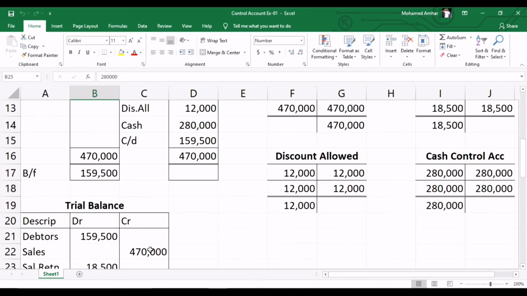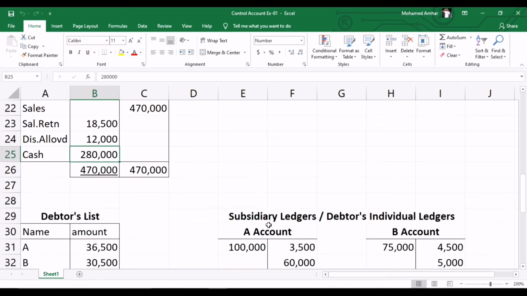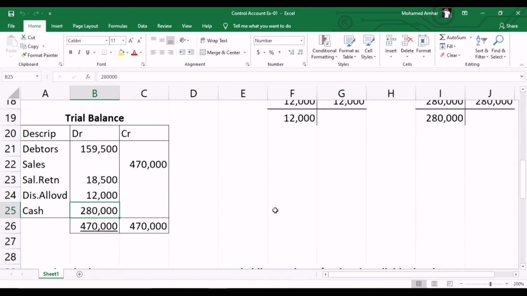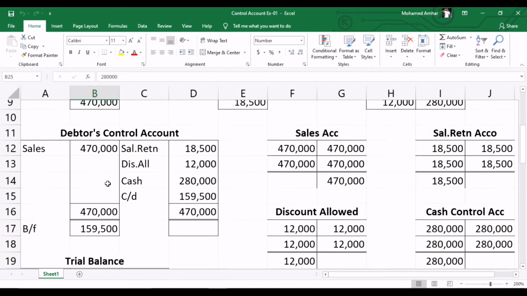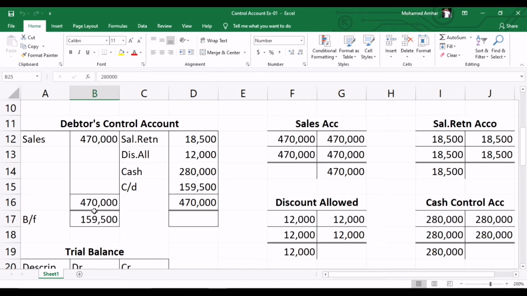Right, now you should know, here we get the balance of the debtors control account as 159,500. This is a total account. The control account is a total account.